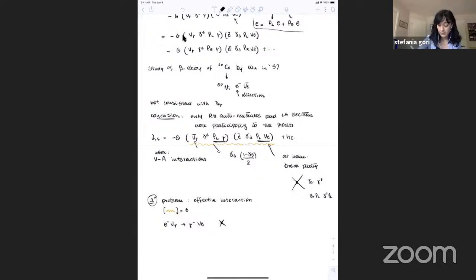But then you can compute a cross-section using that effective Lagrangian. And what you're going to see is that the cross-section will be proportional to this coupling strength G squared, but now times s, where s is the center of mass energy.